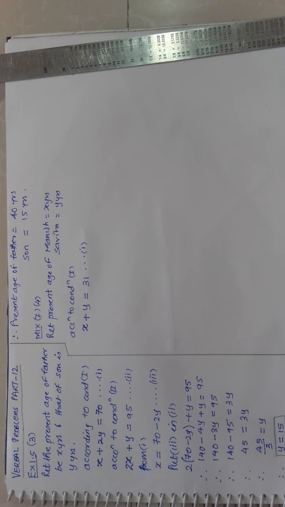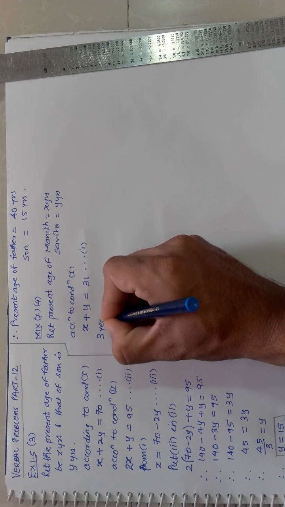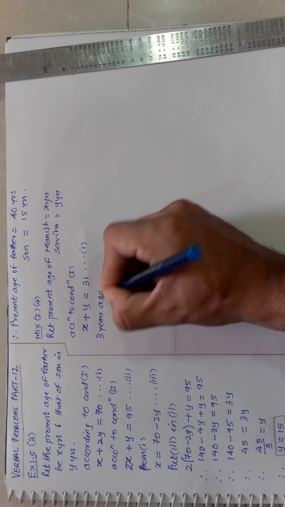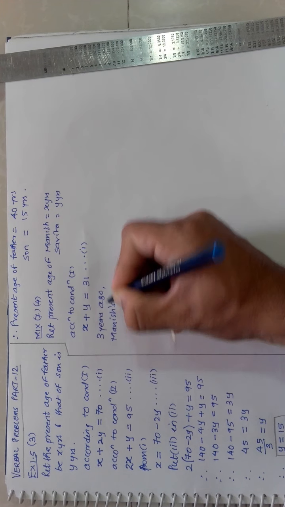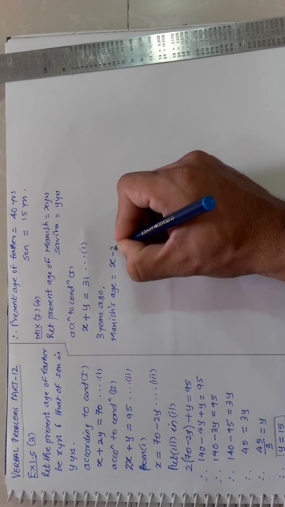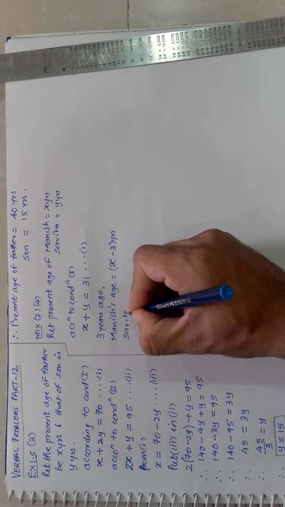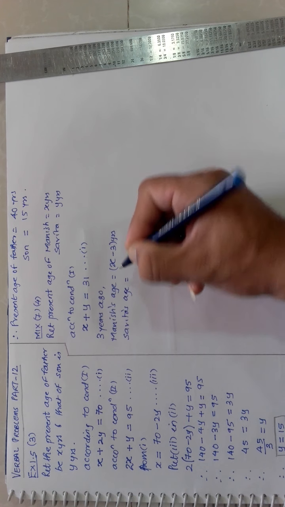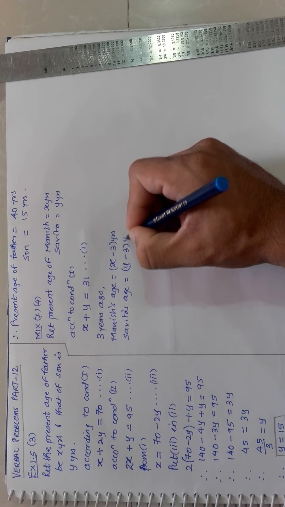So if their present ages are X and Y, then 3 years before their ages will also reduce by 3 years. So 3 years ago the age of Manish, whose present age is X, will be X minus 3 years and Savita's age will be Y minus 3 years. Got this condition?